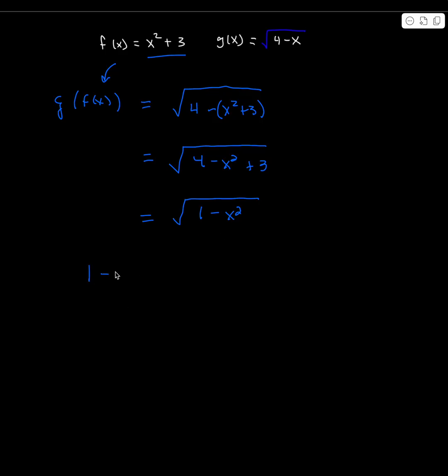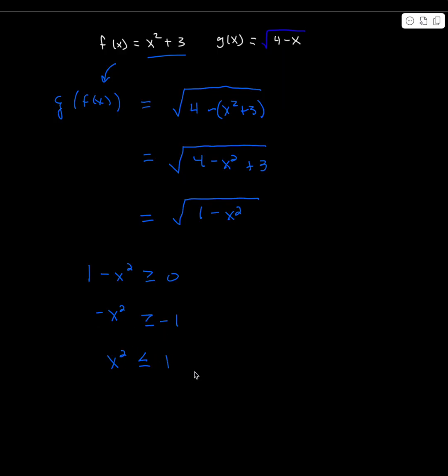So 1 minus x squared must be greater than or equal to 0. Minus x squared must be greater than or equal to -1. We divide both sides by a negative, so x squared must be less than or equal to 1, and we must flip the inequality, okay?